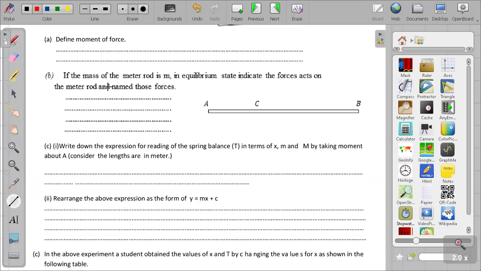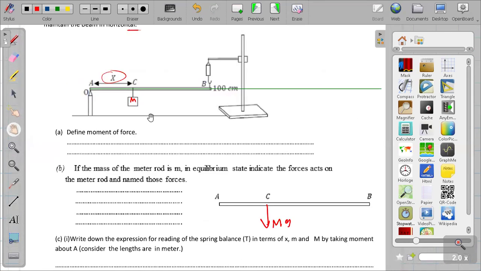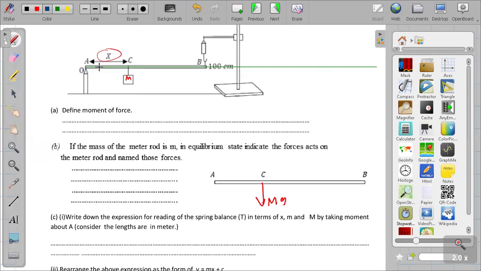If the mass of the meter rod is simple m, in the equilibrium state indicate the forces acting on the rod and name those forces. Here there will be a downward force capital Mg, and there will be a reaction force acting here.